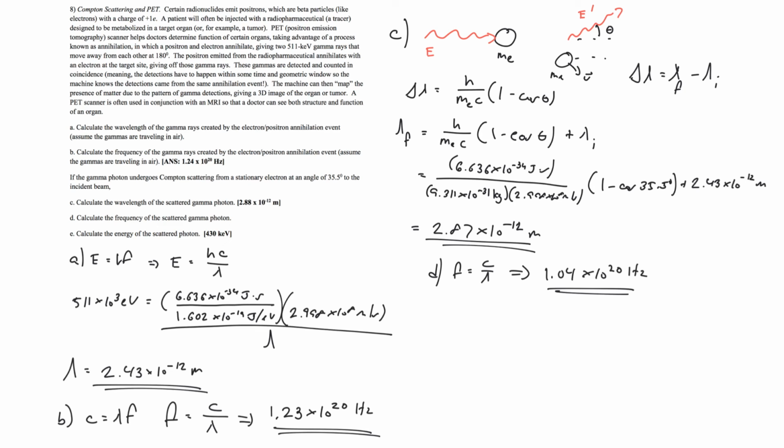And then for part E, we're basically going backwards, right? So we want the energy of the scattered photon. We can apply this equation again. So h is Planck's constant.